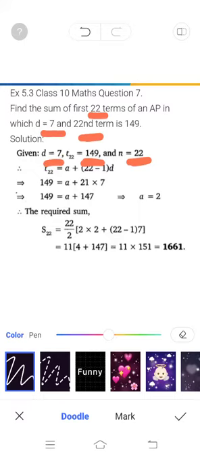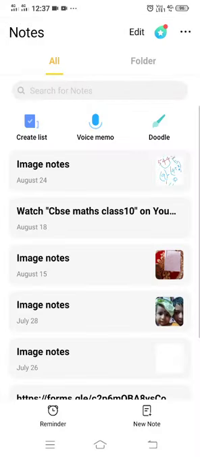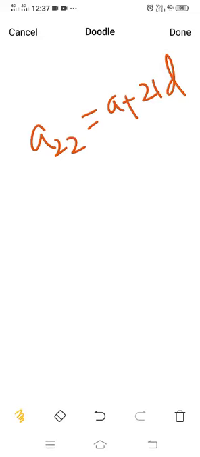So let us apply it. If it is the 22nd term, A22, let me do it in Notepad. So, sum of the first 22 terms. A22 is nothing but a plus 21d. The 22nd term is given as 149.